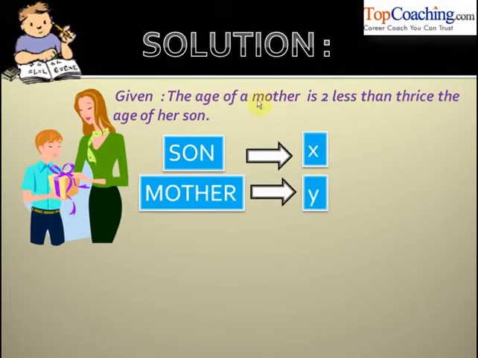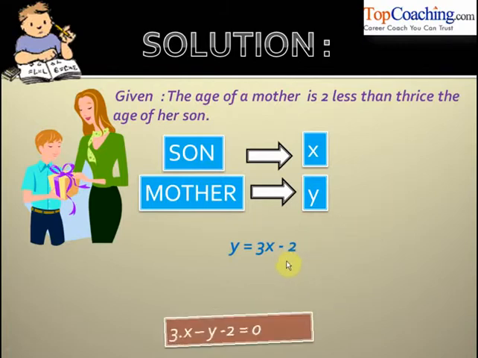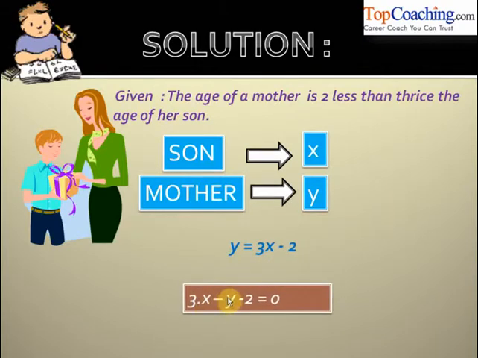So according to the given condition we can write this as y equal to 3x minus 2. Here y is the age of the mother, x is the age of the son, and so we can write this as 3x minus 2, 2 less than thrice the age of the son. Further this could be written as 3x minus y minus 2 is equal to 0.